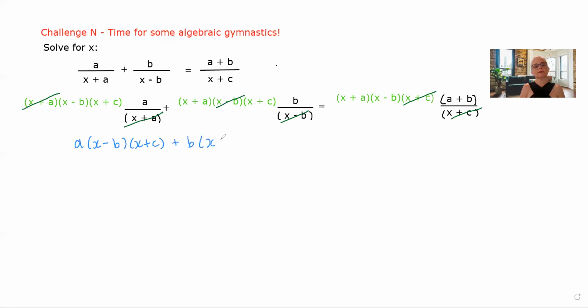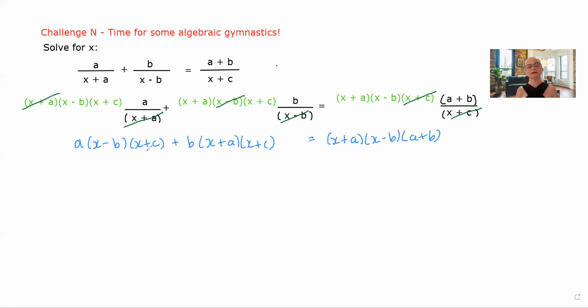So we've got this equals your (x + a)(x - b)(a + b). Generally, look, it doesn't really matter which order you do your expansion here. I tend to expand my brackets and then bring in my a in this case. You could bring the a into the first or the second bracket and then do a FOIL situation.